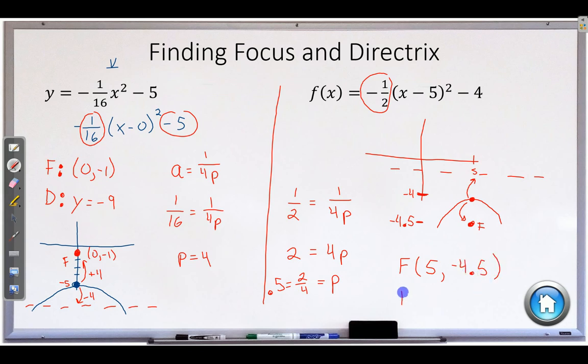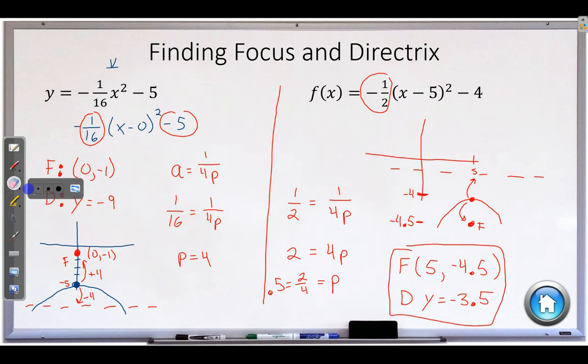My directrix, so the directrix went up by 0.5, so that would put me at negative 3.5. Y equals negative 3.5. So we have our focus and the directrix.